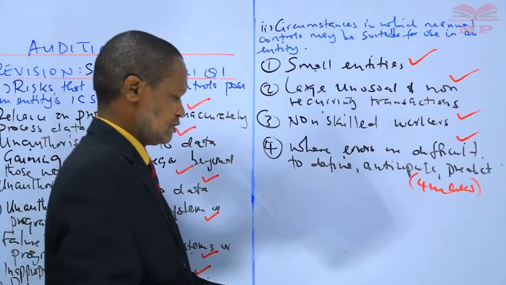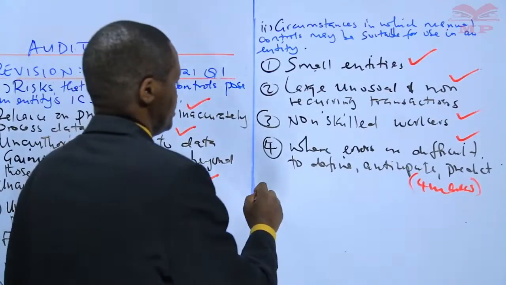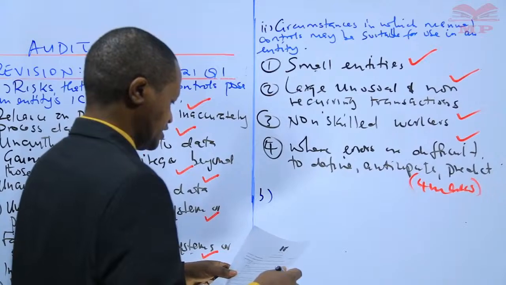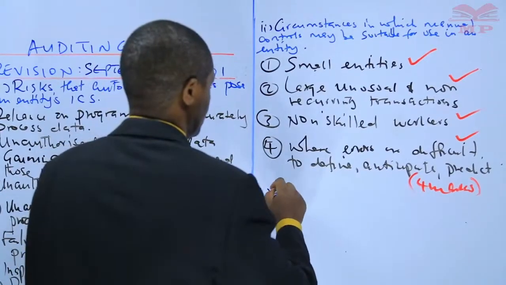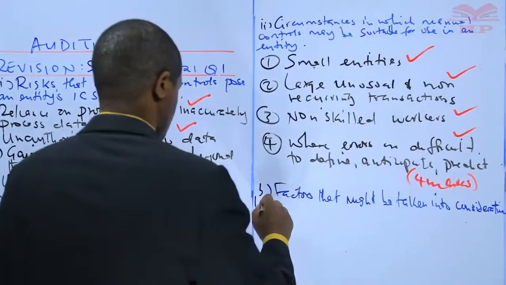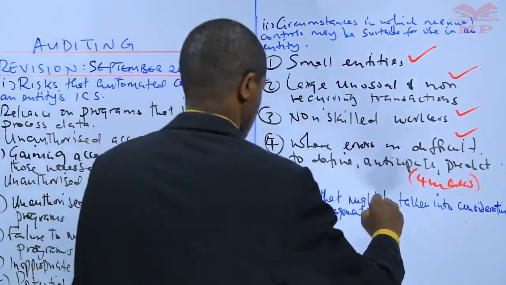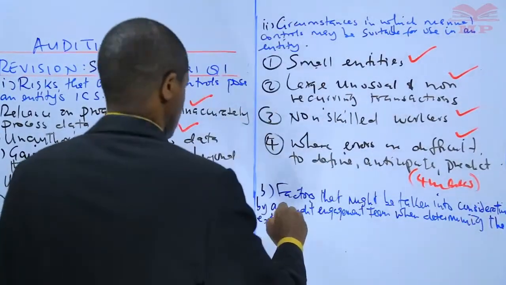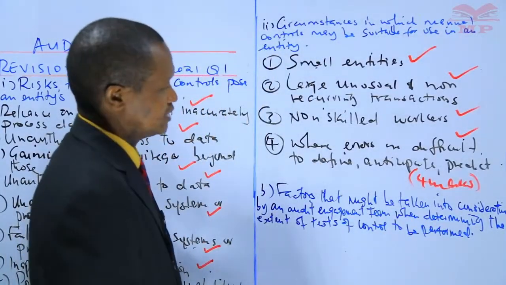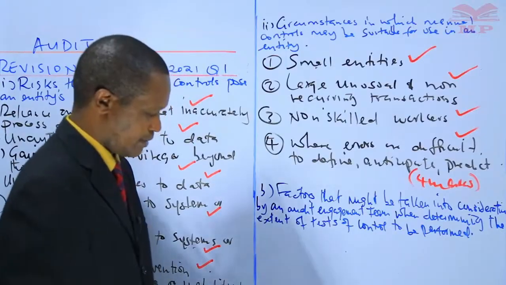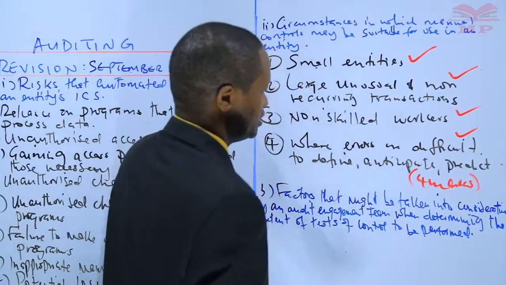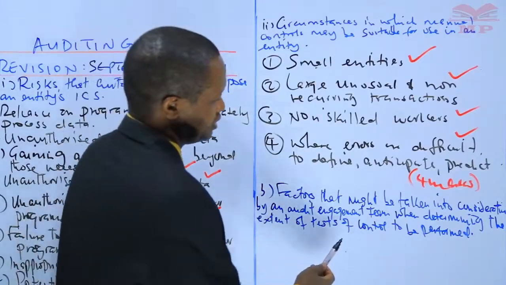Part B. Factors that might be taken into consideration by an audit engagement team when determining the extent of tests of control to be performed.